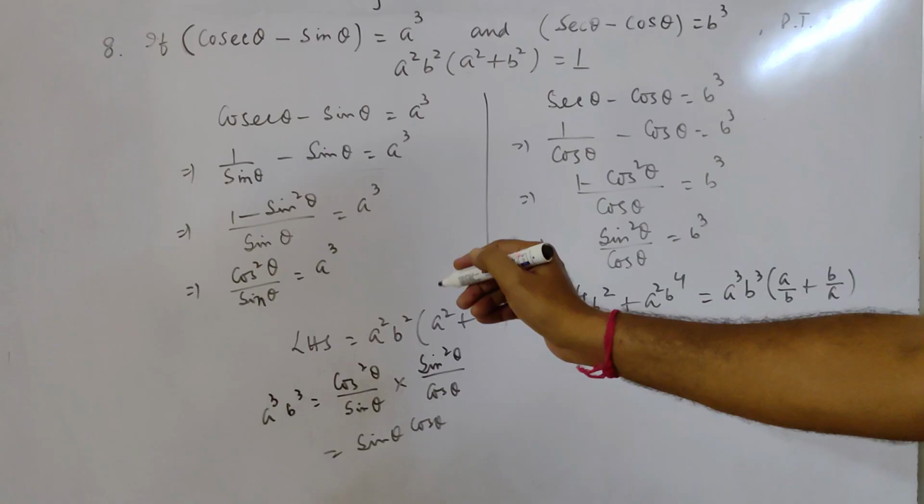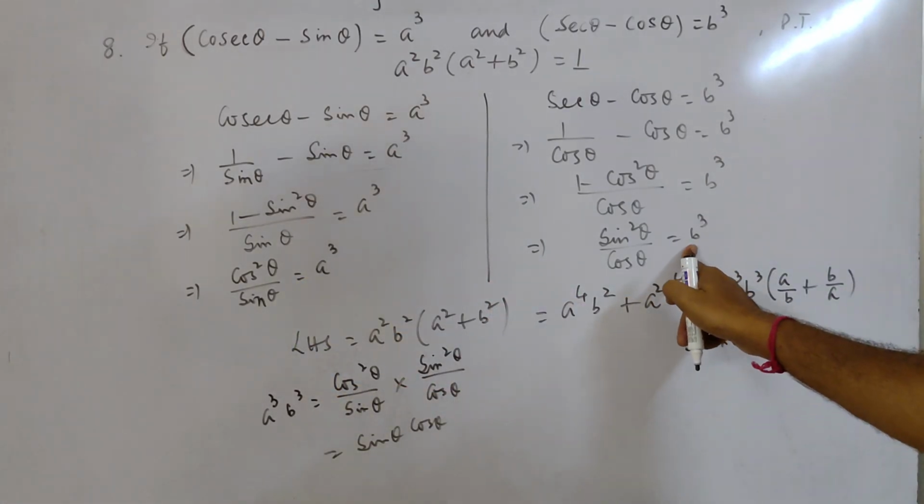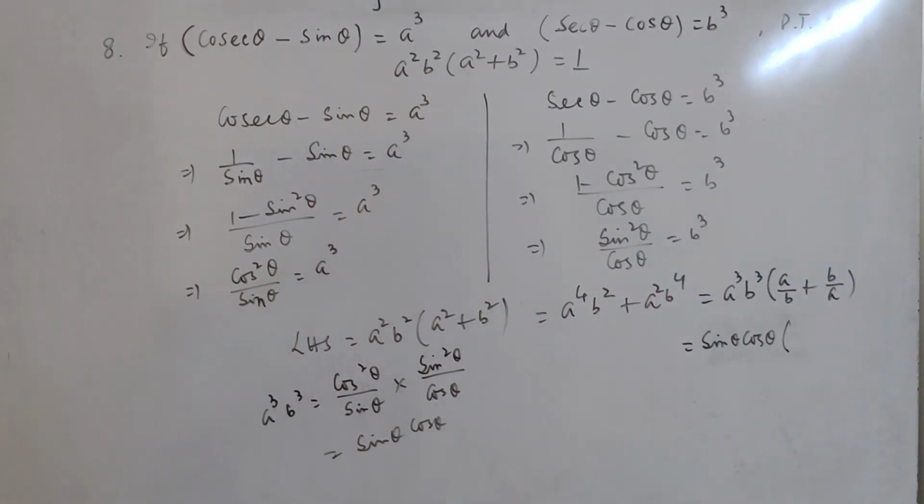That is a cube is equal to cos square theta by sin theta, and b cube is equal to sin square theta by cos theta.